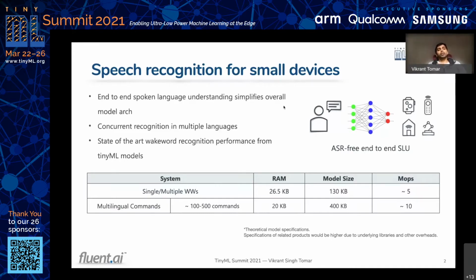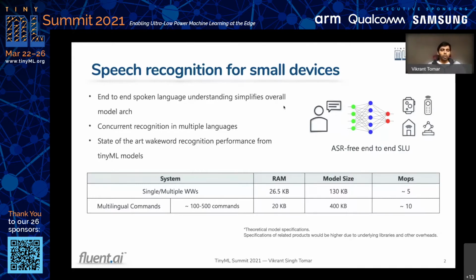In terms of the enhanced functionalities, we're talking about bringing more natural voice user interfaces, building on some of the unique work the Fluent team has been doing in ASR-free end-to-end spoken language understanding, which means that there's no text output in the system and the system is able to directly extract meaning from the incoming speech. This allows us to create systems that are more nimble, and able to provide functionality such as multilingual speech recognition on small devices.